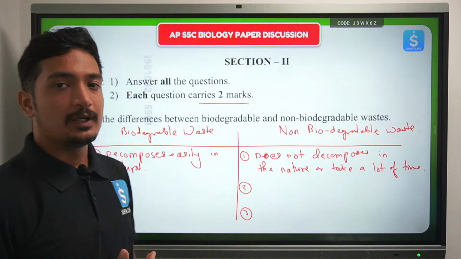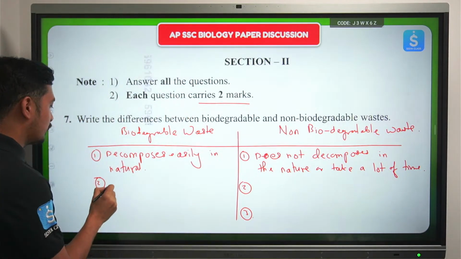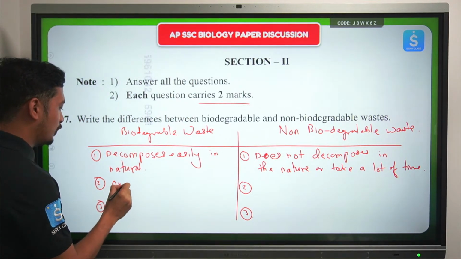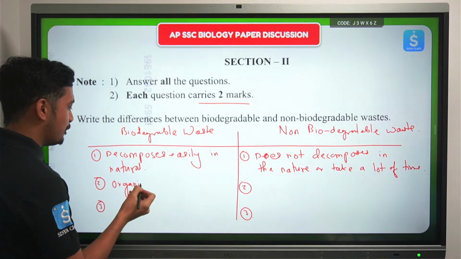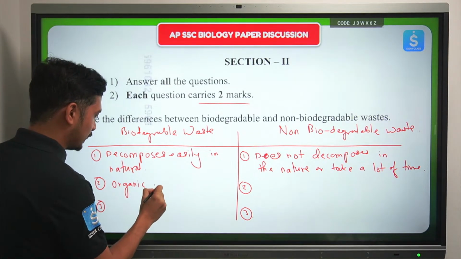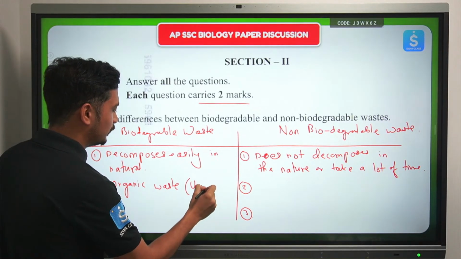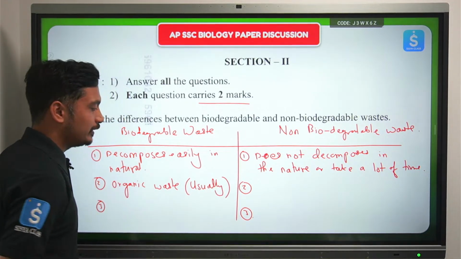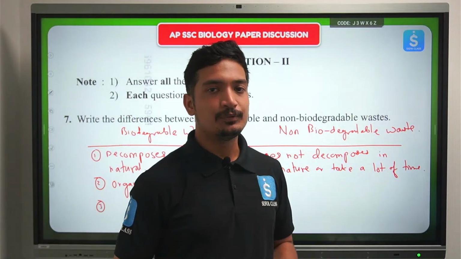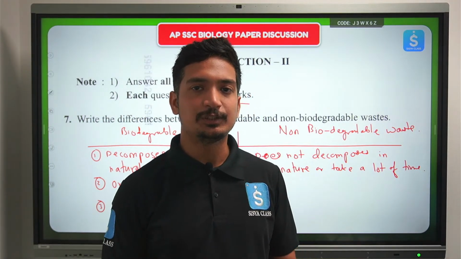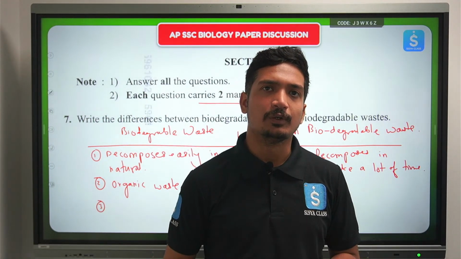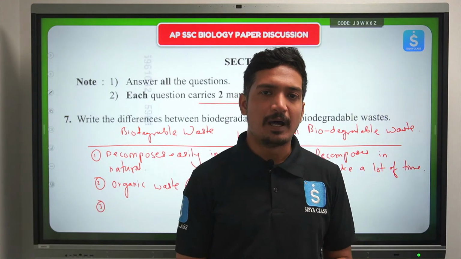Second, we can give some examples, or keep examples in the third point. Apart from that, usually organic waste comes under biodegradable waste. I'll just write usually. Organic waste will be the peels of your fruits or vegetables, waste food, and dead parts of plants and animals.